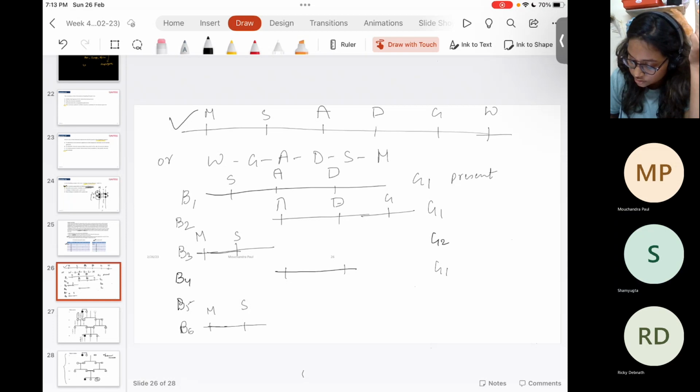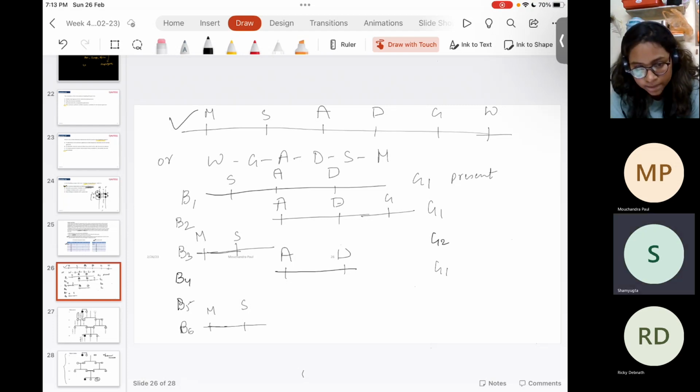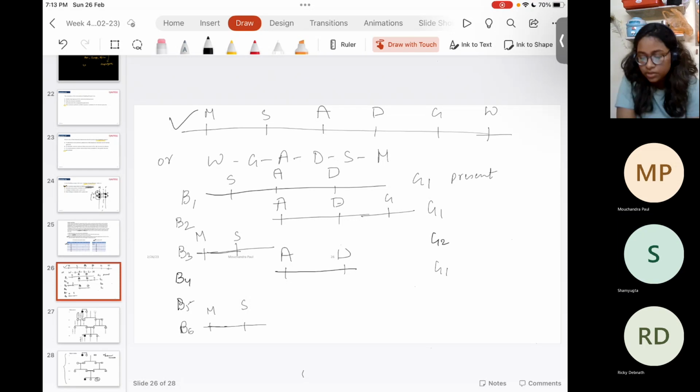Ma'am, I have a doubt. Yeah, sure. Tell me. How do we find that M is upstream of S in B3? Okay, so see, if M is lying here, in between S and A, then this B1 should also have M here, right?